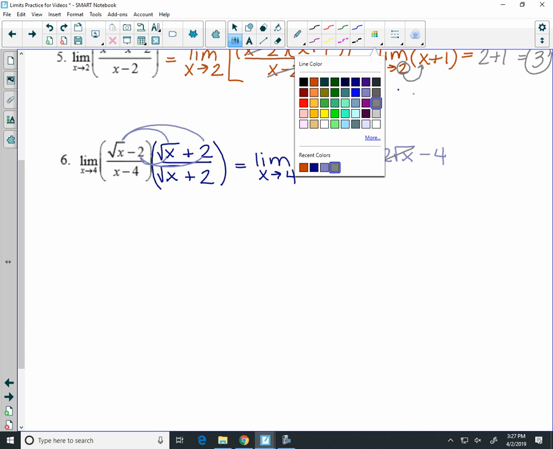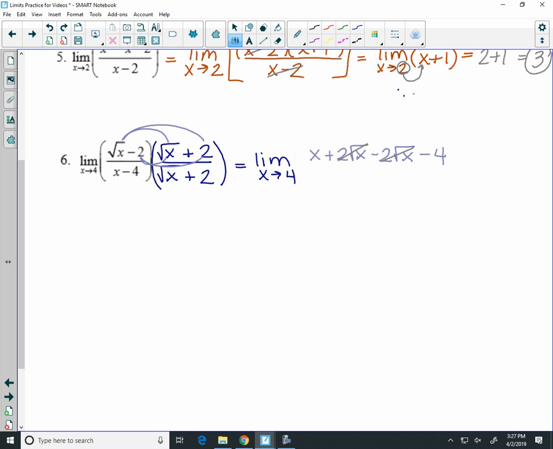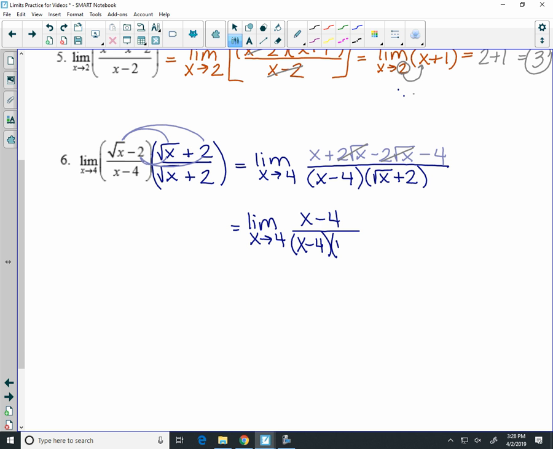That's awfully nice. Because of that, I'm going to leave my denominator the way it was, in factored form. x minus 4 times square root of x plus 2. Just going to rewrite and clean this up. I have x minus 4 on top. I have x minus 4 times square root of x plus 2 on the bottom.